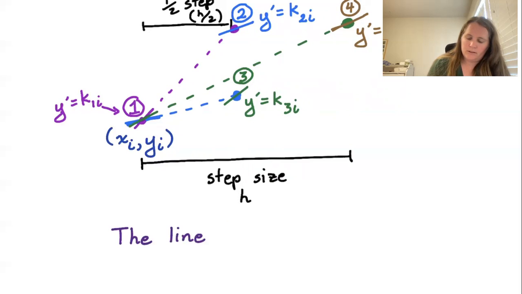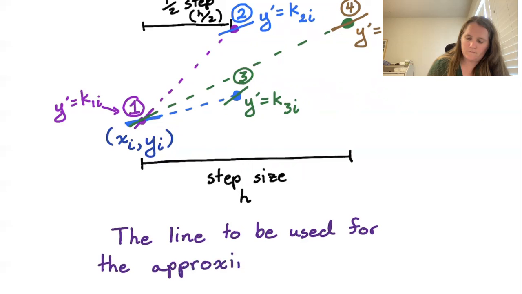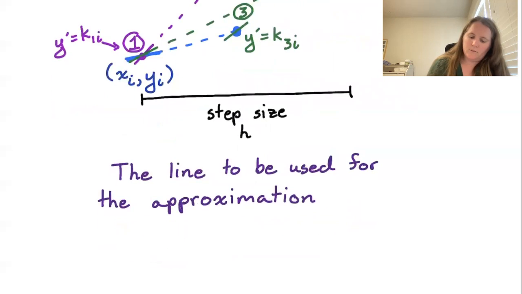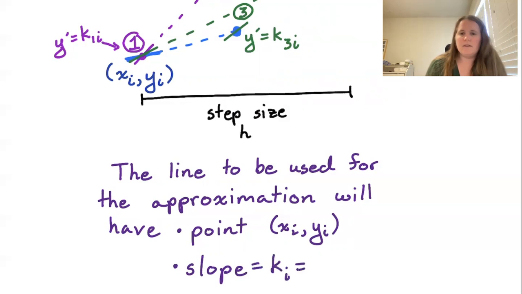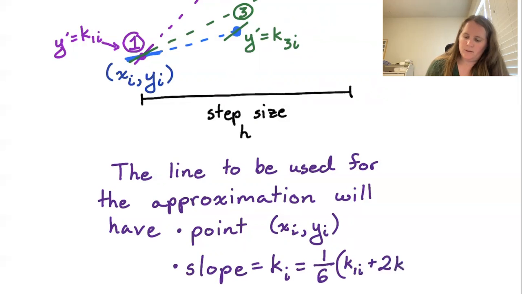And the actual line we will use for our approximation will have point xi, yi, and slope, which I'll call ki, which will be 1/6 times the slope of the first point, k1i, plus 2 copies of the slope of the second point, plus 2 copies of the slope of the third point, plus the slope at the fourth point.